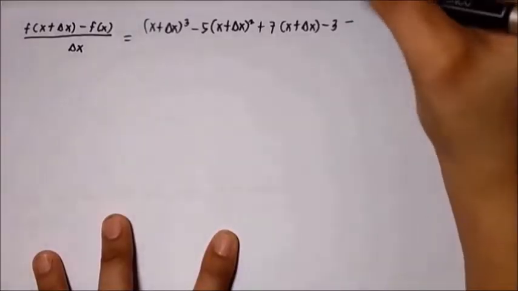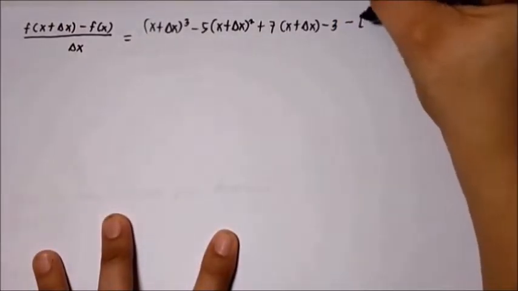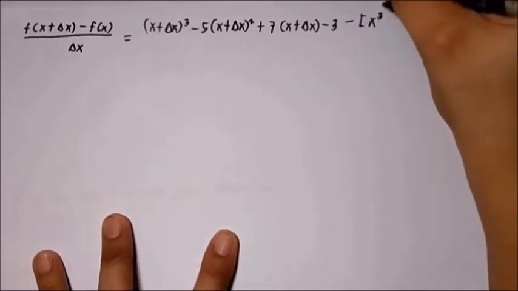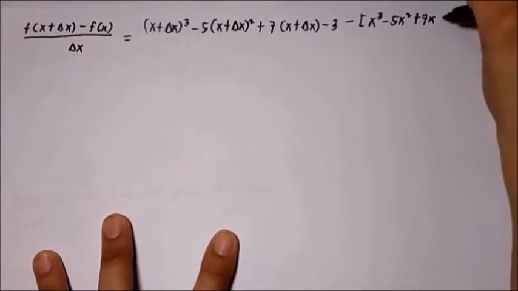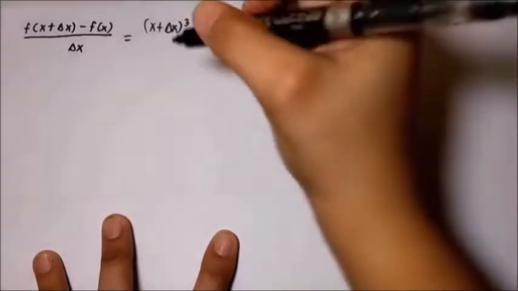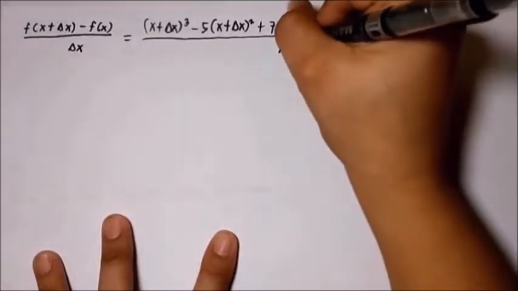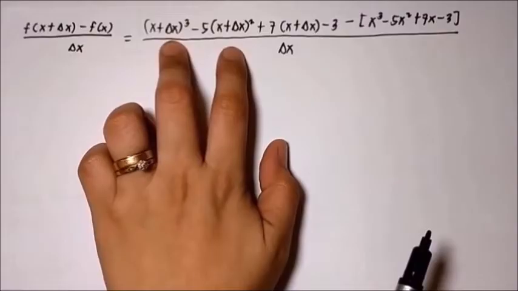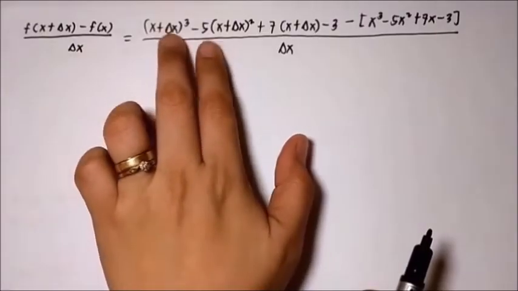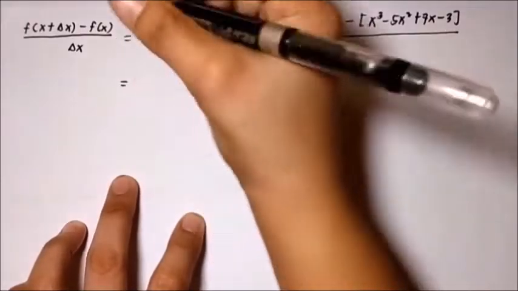And then we have to subtract the given f of x. So the given f of x is x cubed negative 5x squared plus 7x minus 3. And then after evaluating the numerator, we will be dividing the given by delta x. So we have to expand first this one in order to simplify. Okay, so what would be our expansion?